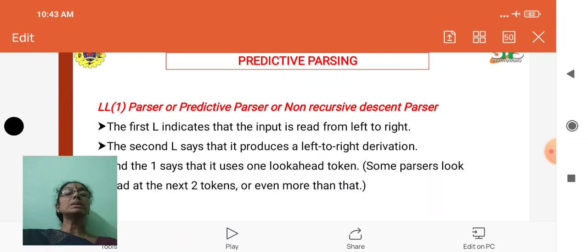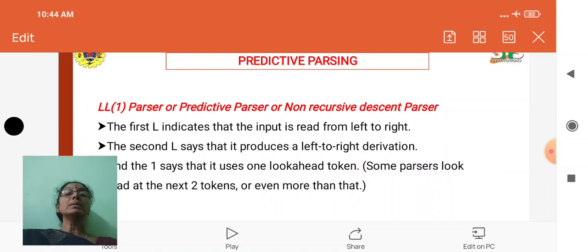Next we will see what predictive parsing is. Predictive parsing is a non-recursive descent parser. It is called an LL(1) parser. The first L means we read the input string from left to right. The second L means we use the leftmost derivation to produce the input string.